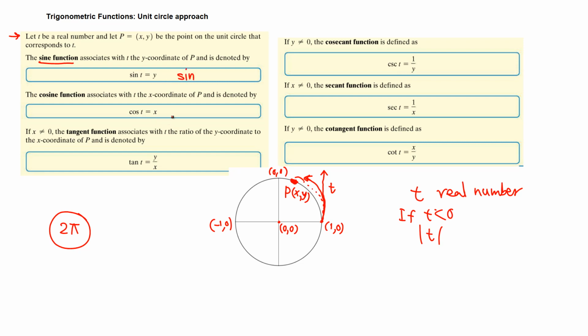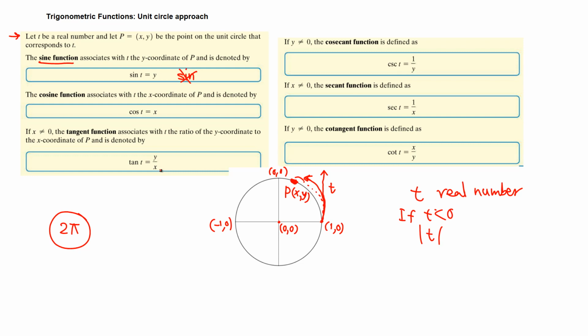These 6 trig functions always take some number, which is an angle later, but don't write just sin. Sine of t is y. Similarly, the cosine function is defined by the x coordinate. Cosine of t is x.